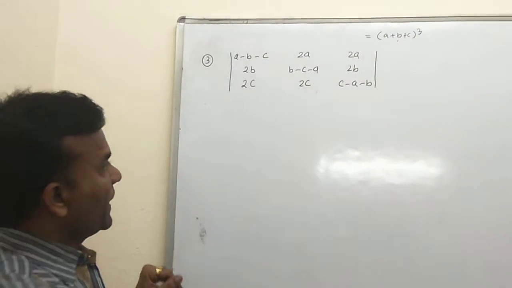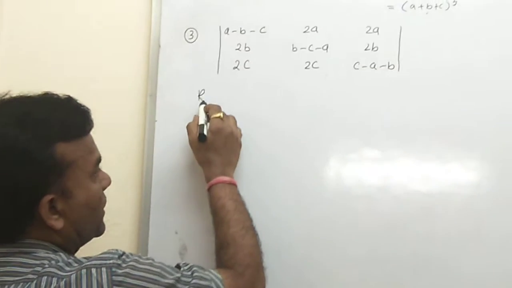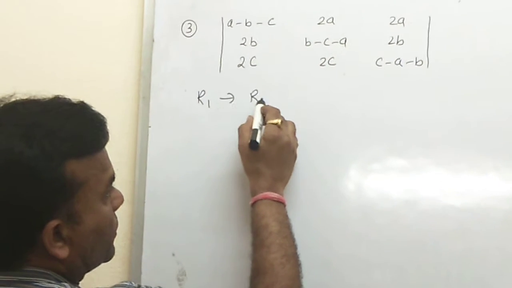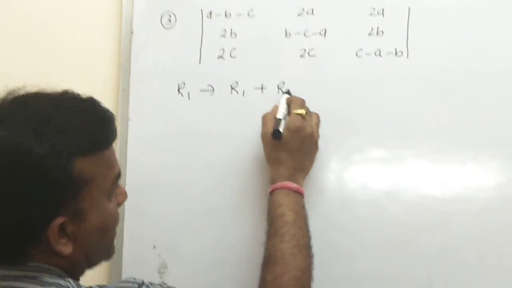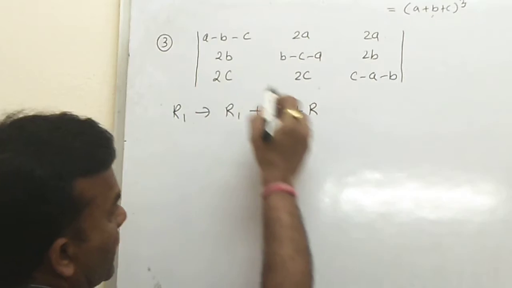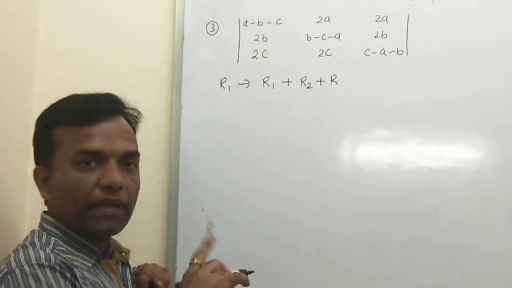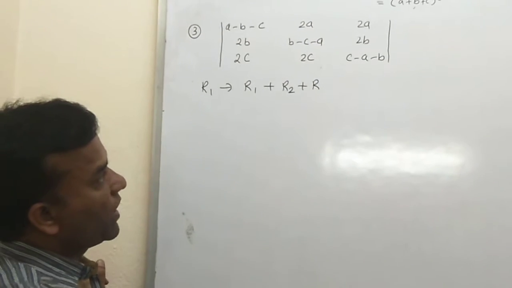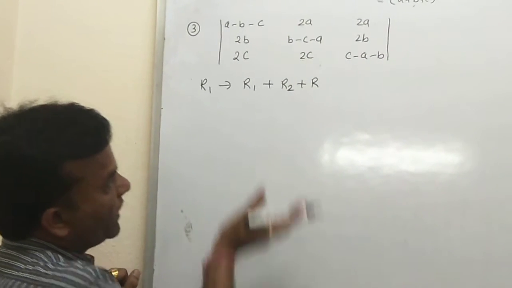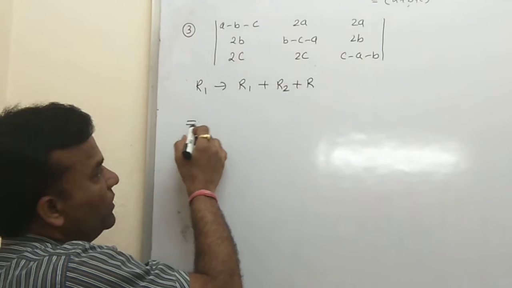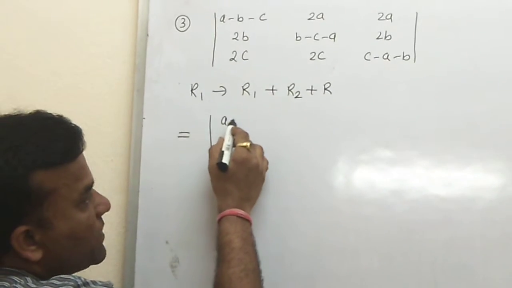So first here you apply r1 tends to r1 plus r2 plus r3, because these elements are given in a column, so we apply the row operation. If you add all the elements in the first row, you get a plus b plus c.